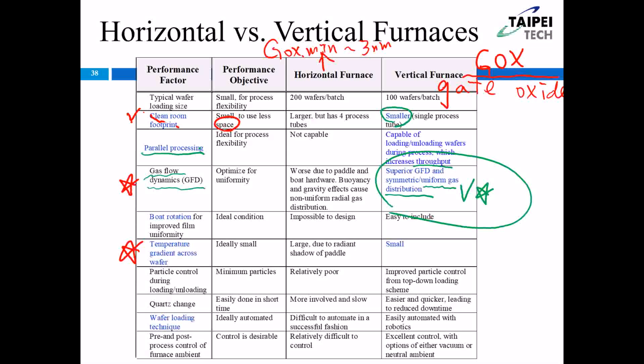The minimum thickness of the gate oxide is only 3 nanometers. However, due to Moore's law, I want to scale down the gate oxide thickness, but you cannot use the horizontal furnace. If I want to scale down and make the oxide thinner, I need to use the vertical furnace.